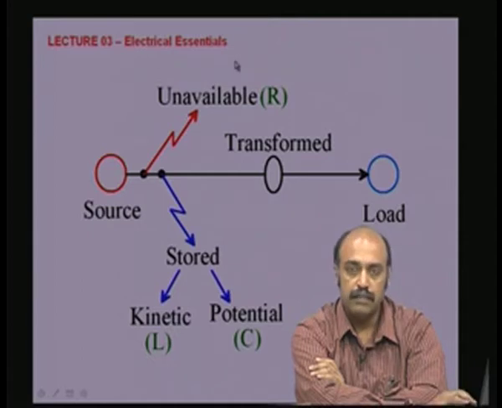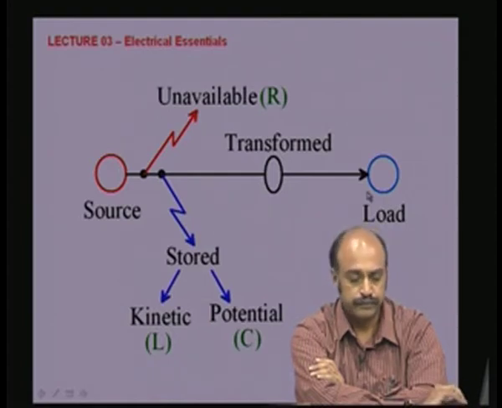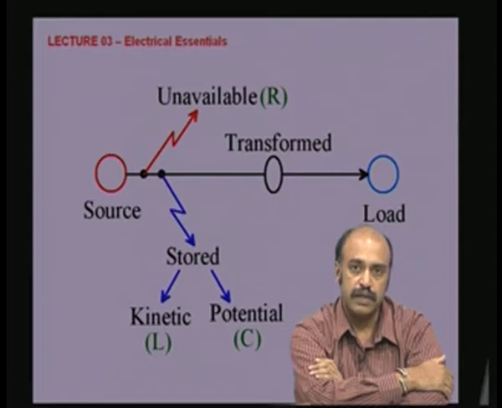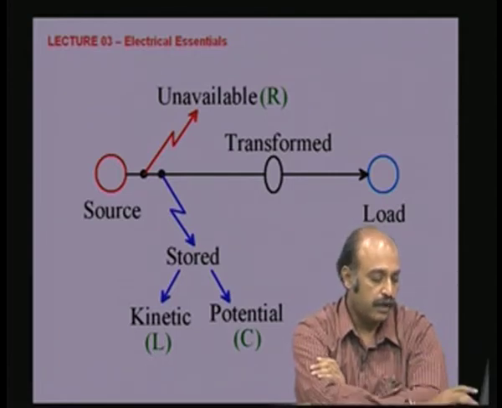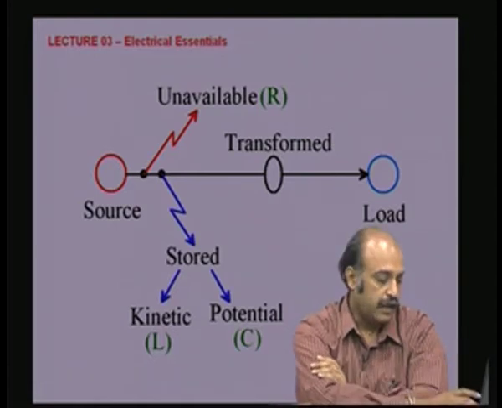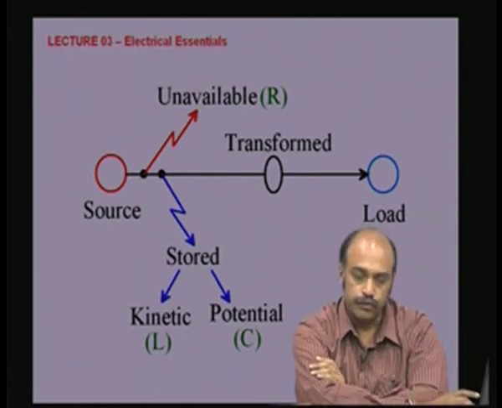They will go unavailable. There will be some portion of the energy that may get transformed and then go to the load. Okay. So, these are the aspects of the energy flow that will come into being, and in a circuit how does this get analyzed will also be focused.